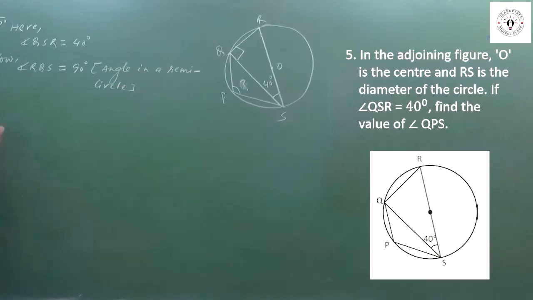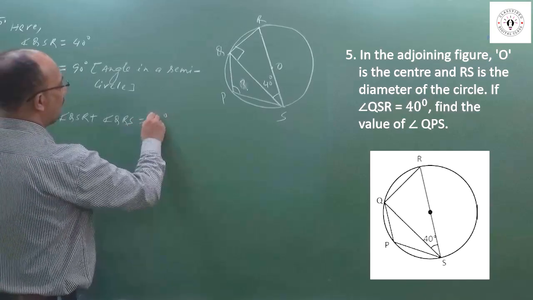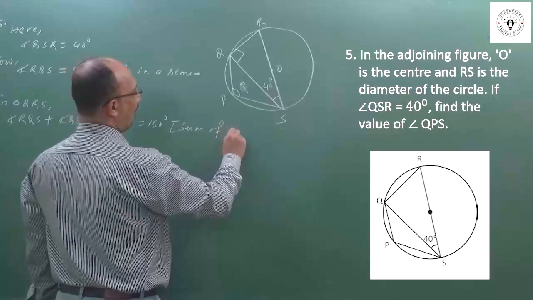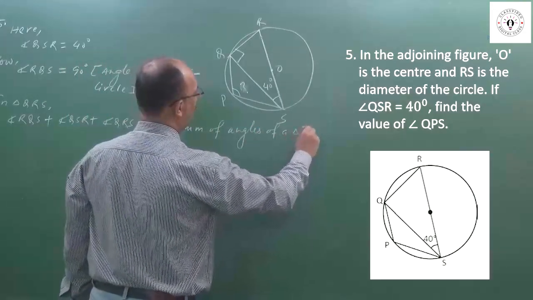Then in triangle QRS, angle RQS plus angle QSR plus angle QRS equals 180 degrees. Reason: sum of angles of a triangle.